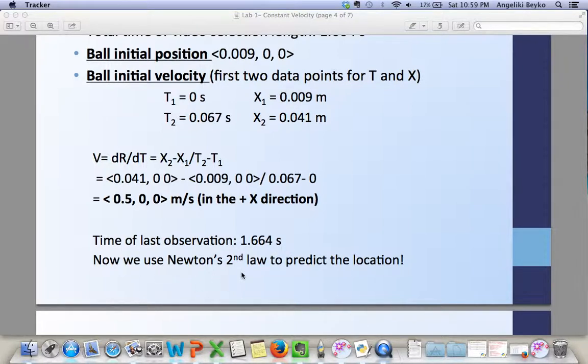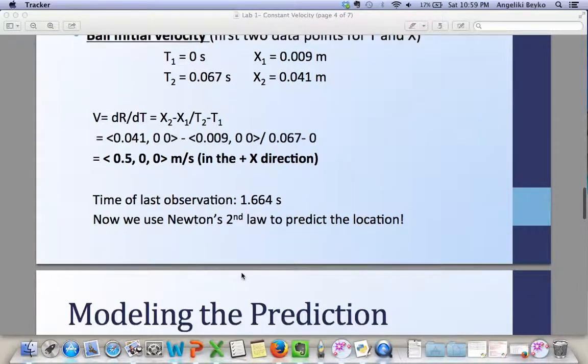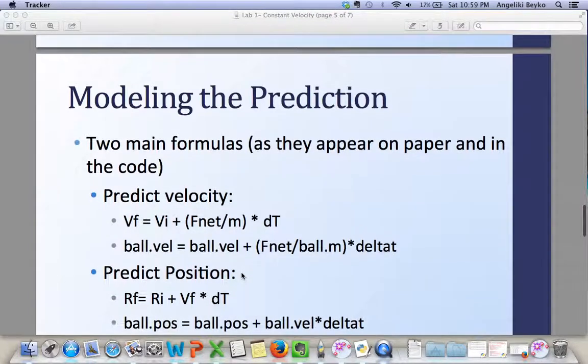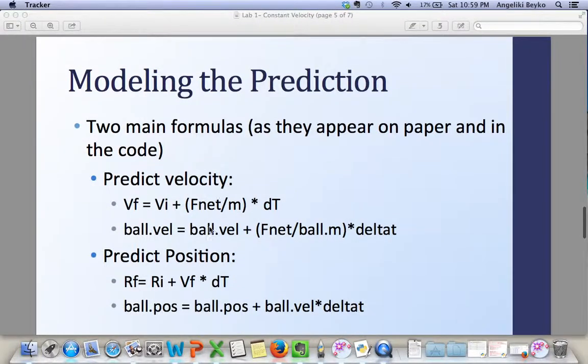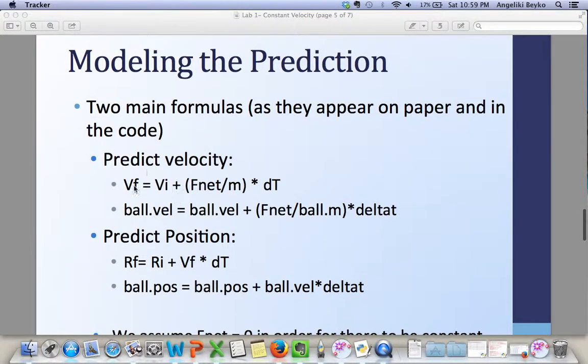Now we're going to use Newton's second law to predict the location. The two main formulas we're going to use start with Newton's second law. That's the final velocity equals initial velocity added to the net force, which is 0, divided by mass. In this case the mass of the tennis ball is 0.057 kilograms. And then we multiply this by change in time.